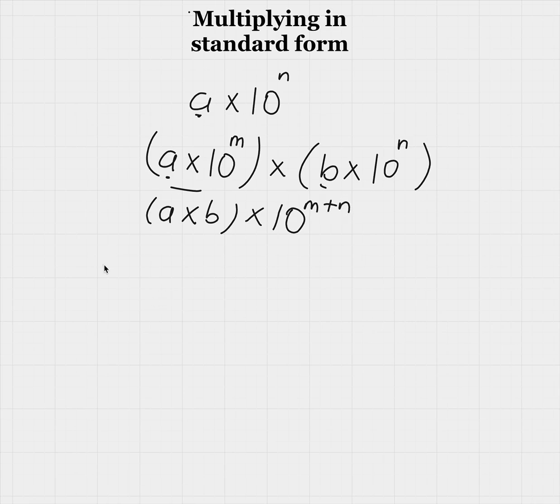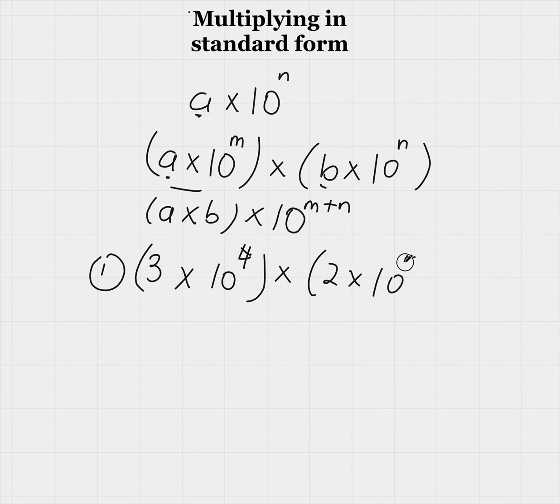Let's have a look at one example. We have 3 times 10 raised to the power 4 times 2 times 10 raised to the power 5. So using the rule, it means that we first of all have to multiply 3 and 2.